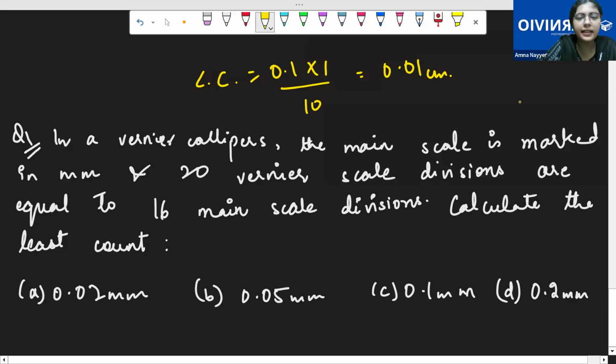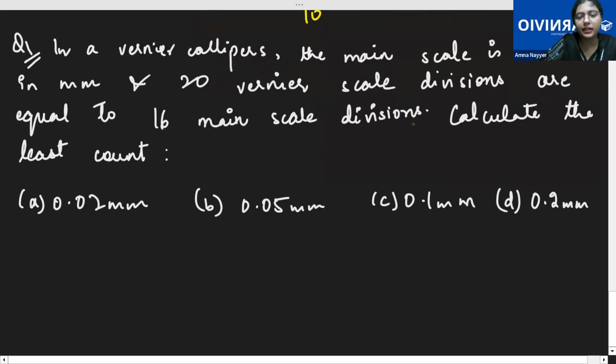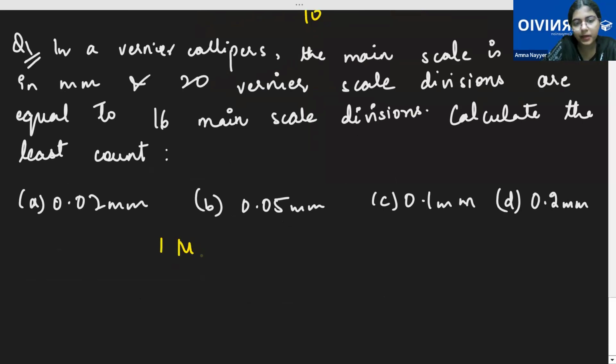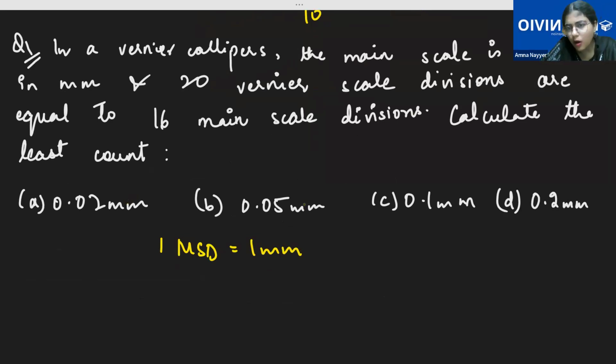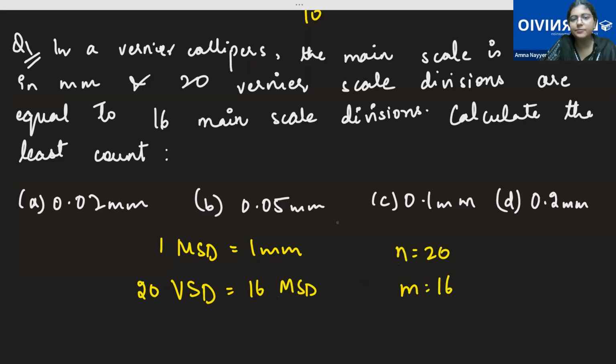Okay, see, this says that in a Vernier caliper the main scale is marked in millimeter. Means your one main scale division is given as 1 millimeter. Since all the units of the least count are given in millimeter itself, I'll keep it in millimeter only, I'm not converting it. So 1 millimeter. It says 20, so the VSD given to us is 20. The VSD is coinciding with 16 main scale divisions. So from here we can pick out our N and M: N is equal to 20, M is 16.